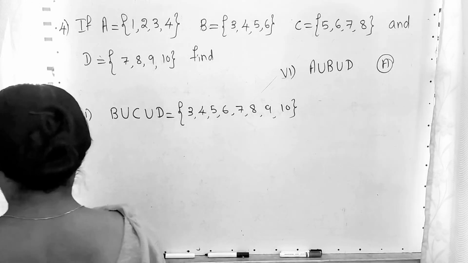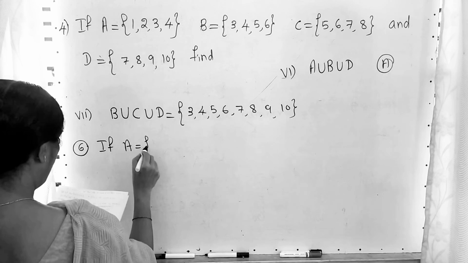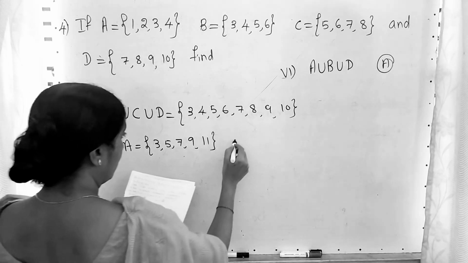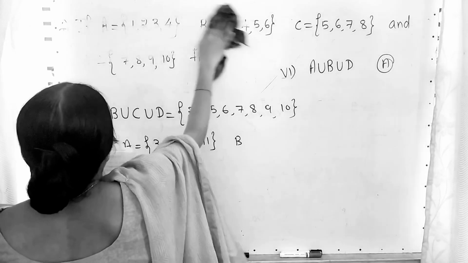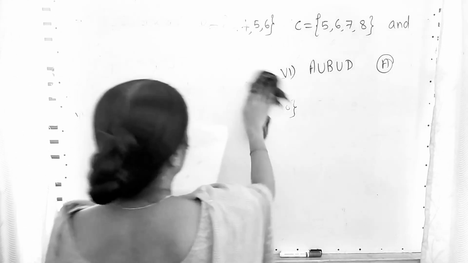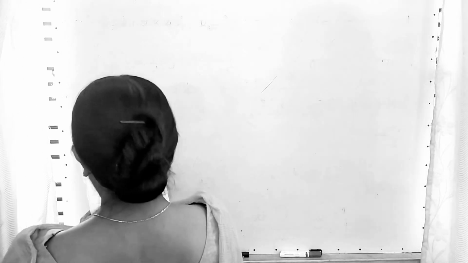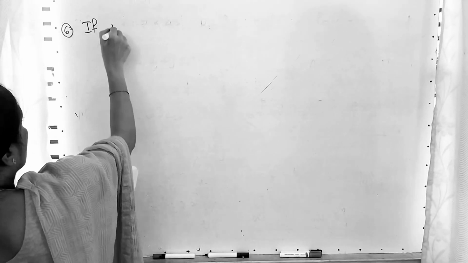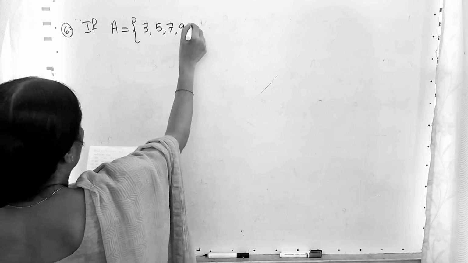Now moving to the sixth one. If A is equal to 3, 5, 7, 9, 11.